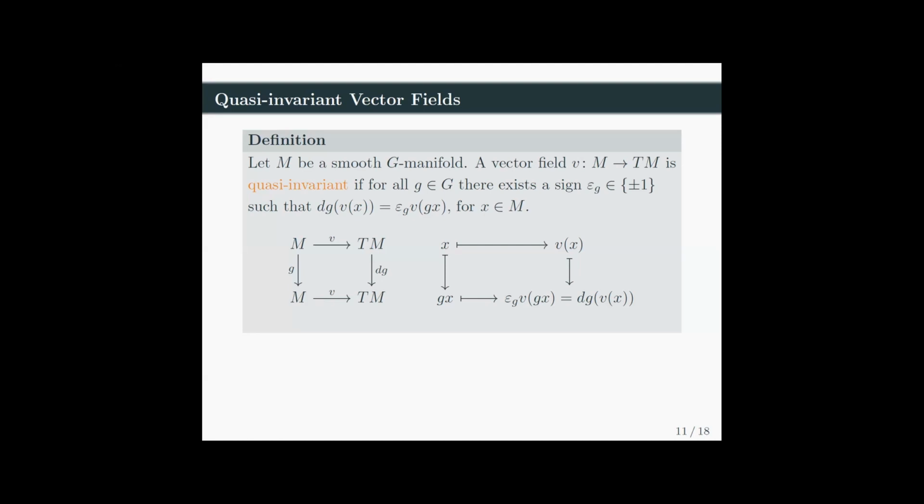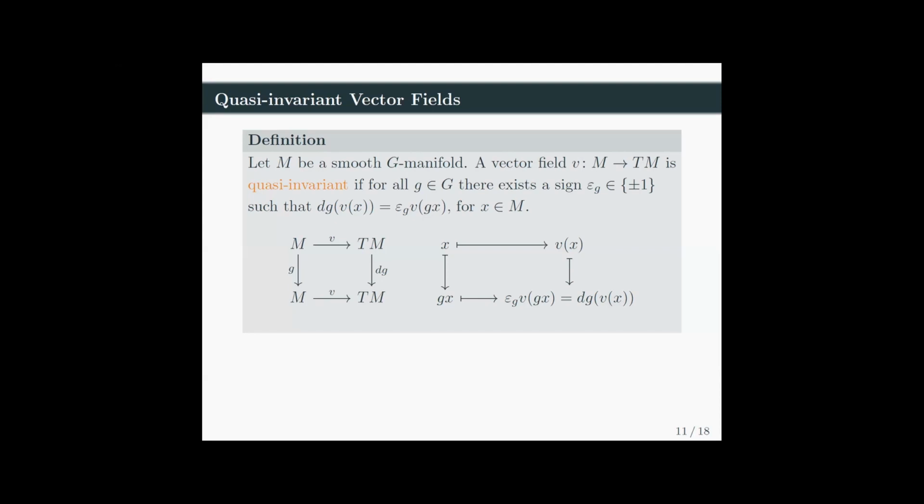So now we have a smooth manifold with a G action, and we'll call a vector field on M quasi-invariant, or G quasi-invariant, if for every group element g in G, this diagram commutes up to sign. So if we have a point on the manifold, we can apply the group action and get a different point on the manifold, and then we can apply the vector field and get some kind of tangent vector.